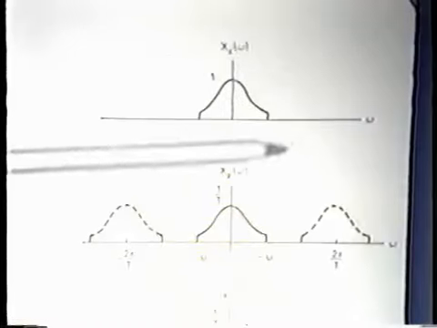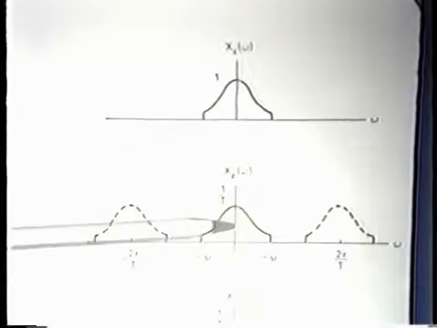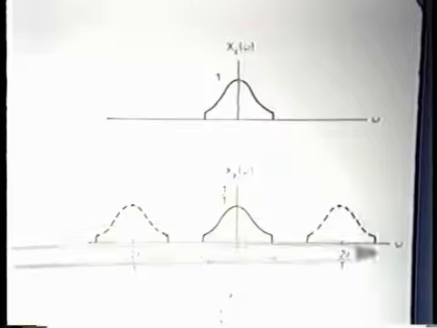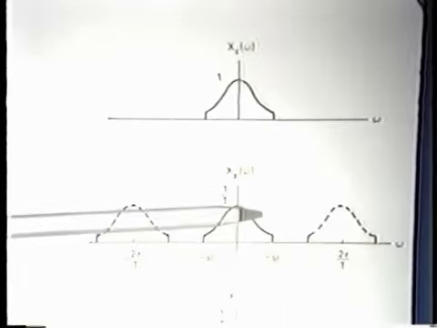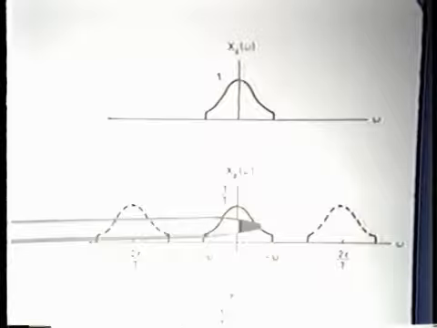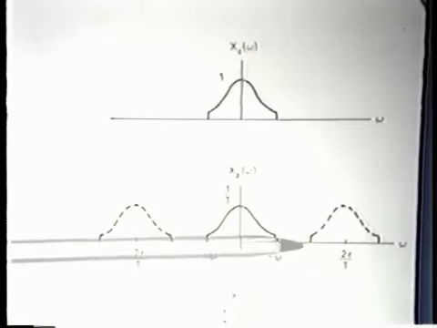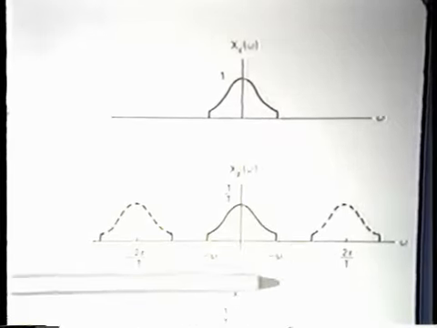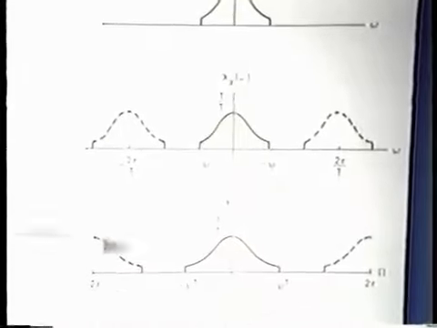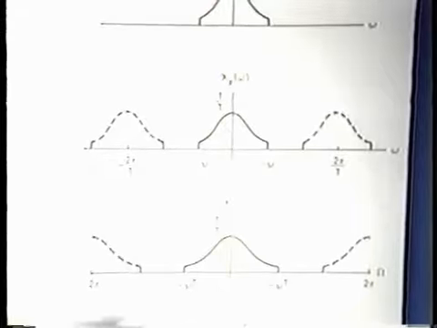In the frequency domain, then, we had the spectrum of the original signal, which, because of the sampling process, is replicated at integer multiples of the sampling frequency omega sub s, or 2 pi over capital T. And then in converting the impulses to a sequence, we are essentially normalizing the frequency axis so that the frequency 2 pi over capital T gets relabeled as 2 pi, and the resulting discrete time spectrum looks like I indicate here, which really is nothing more than a frequency scaling corresponding to the associated time scaling.